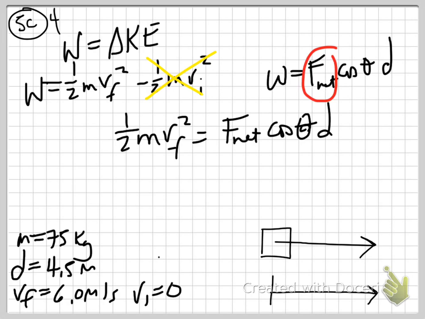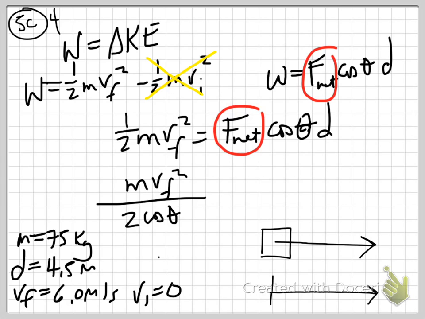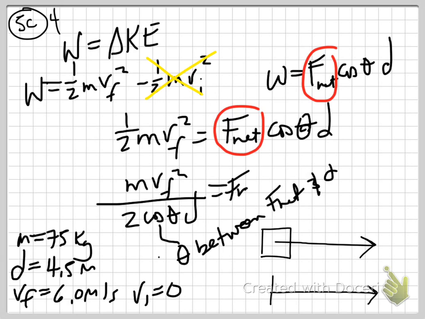We're not told it shoves them backwards across the surface. So we're solving for F net, which is mvf squared over 2 cosine theta d. And remember that this is theta between F net and d, which in this case appears to be 0.